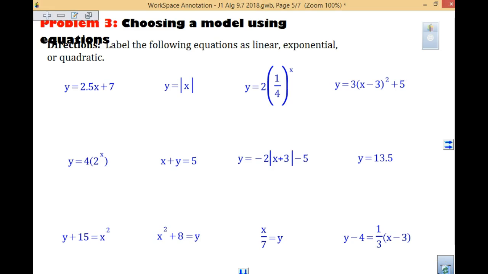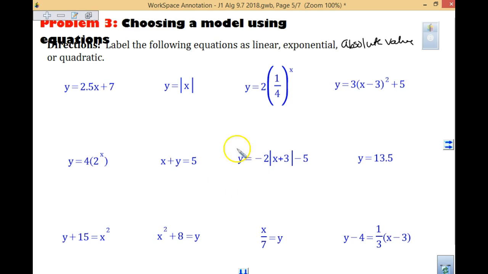All right. So this next part says choose a model as you are looking at these. Label the following equation either linear, exponential, or quadratic. Okay? And besides linear, exponential, and quadratic, we should also have absolute value. Now, absolute value, pretty easy.